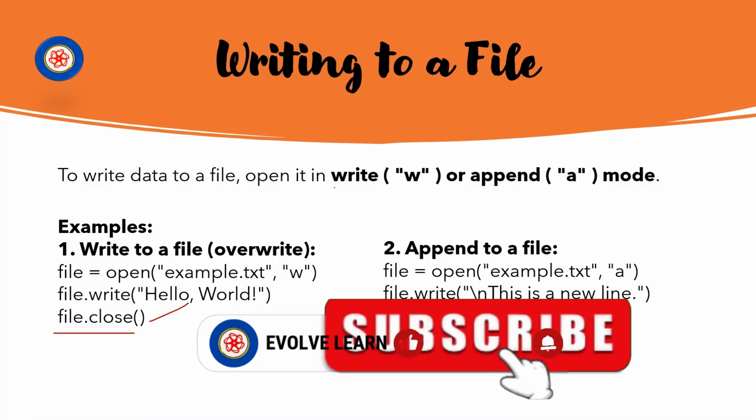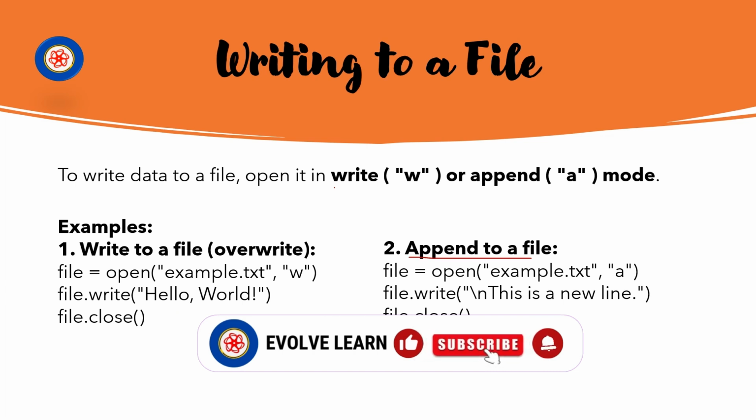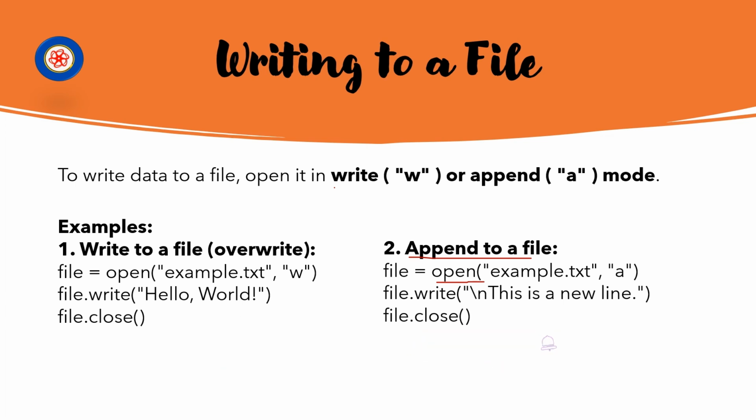Next, to append new data to the file, first we use the open function to open the file using the mode A, which indicates append mode. In the next line, as I have already said, the file.write method is used to write a string to the file.